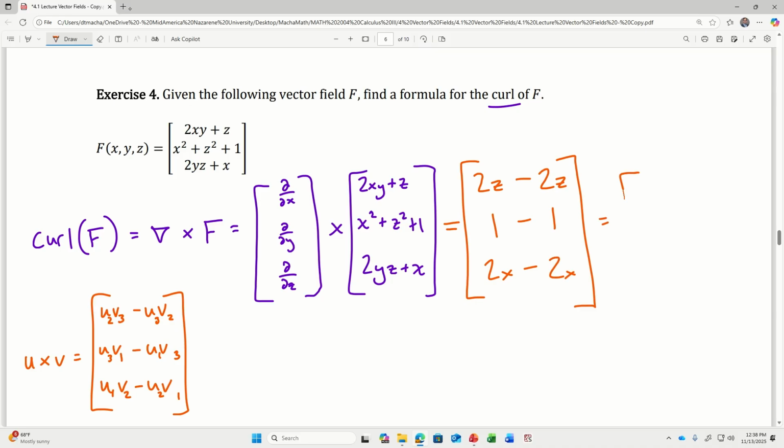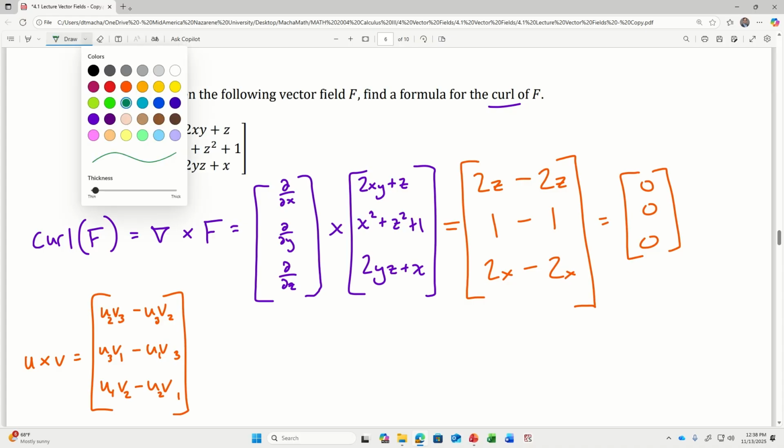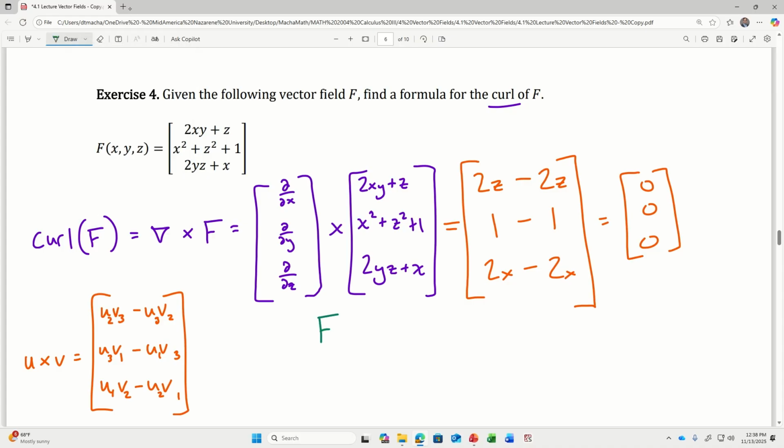So this time the curl is coincidentally the 0 vector. And since this is the 0 vector, we say F is irrotational.